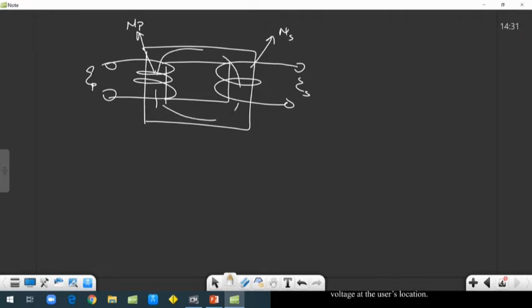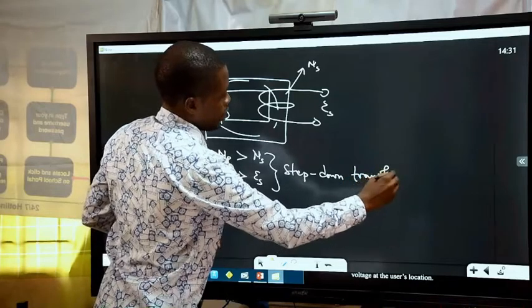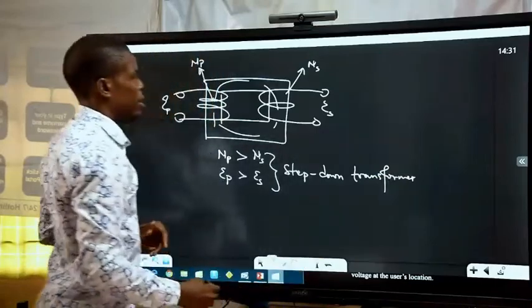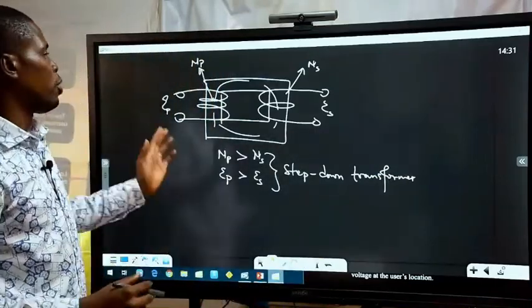Here, NP is greater than NS, and EP will be greater than ES. So in this case, we talk about the step-down transformer.